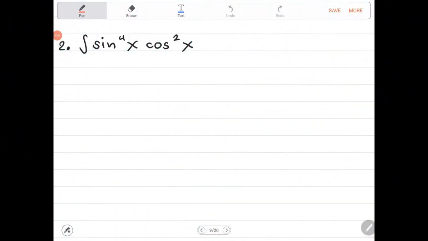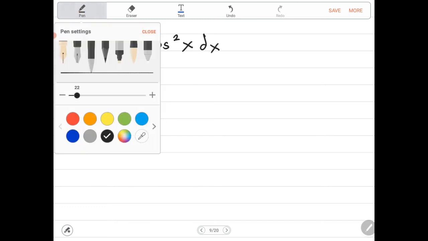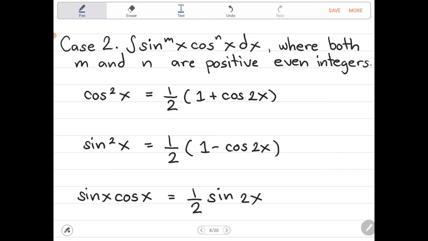Okay, so problem number 2. The integral of sine raised to 4x cosine 2x, we have here dx. Okay, so how are we going to integrate this? Look at the substitution. So they are both positive even integers. So meaning, this is the one we will use, right?